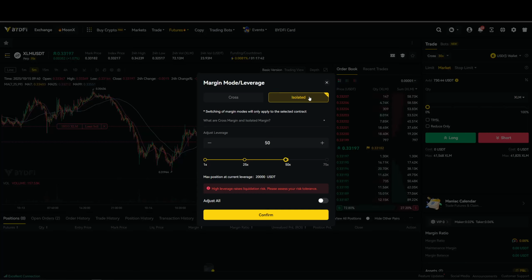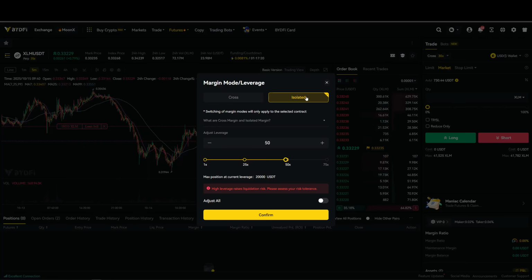However, if I use isolated, that means that if the trade goes against me, then I only lose whatever I put into it. Let's say I put $50. I would only lose that $50 if I got liquidated. But just understand that if you do isolated, your stop loss is really, really tight.